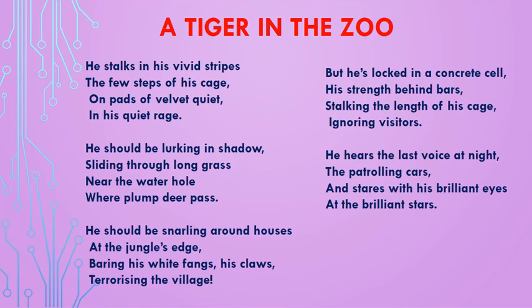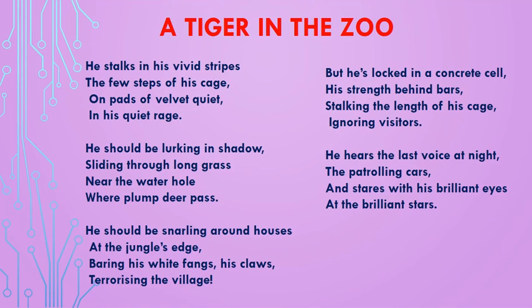He stalks in his vivid stripes, the few steps of his cage, on pads of velvet quiet, in his quiet rage. Second stanza: He should be lurking in shadow, sliding through long grass near the water hole where plump deer pass. The third stanza: He should be snarling around houses at the jungle's edge, baring his white fangs, his claws, terrorizing the village.